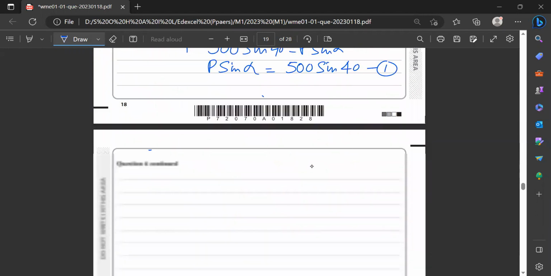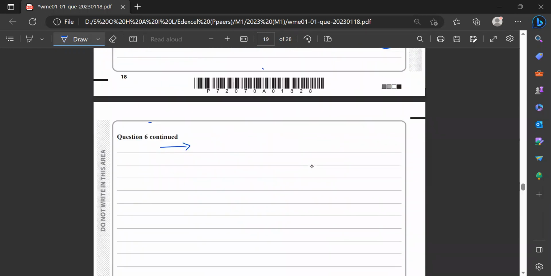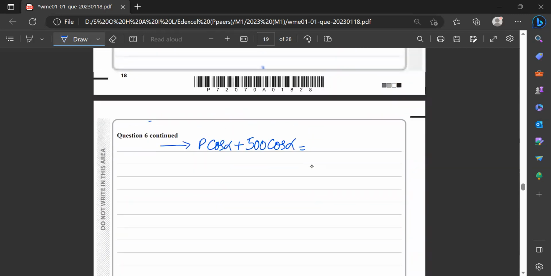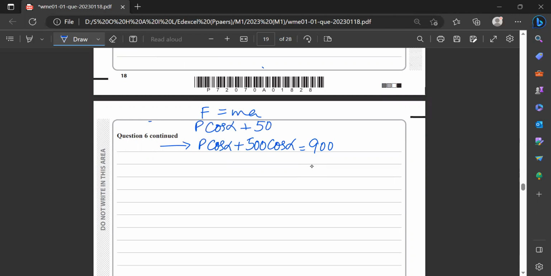So P cos of alpha plus 500 cos of 40 is equal to the force in the opposite direction, which is 900. If you apply F equals ma, this is basically P cos of alpha plus 500 cos of 40. Both are not alpha, this is 40.